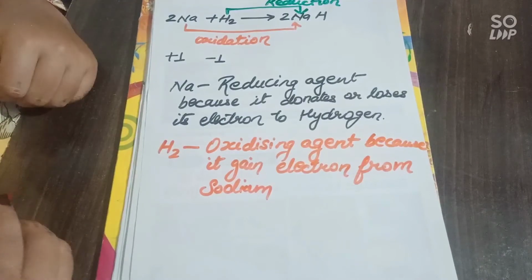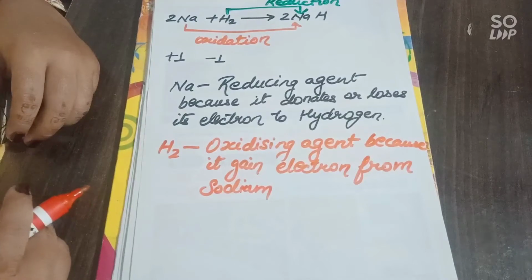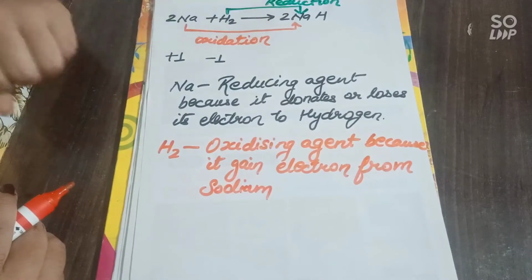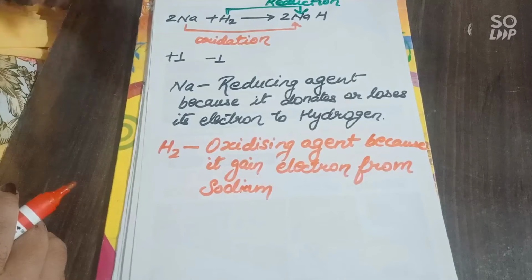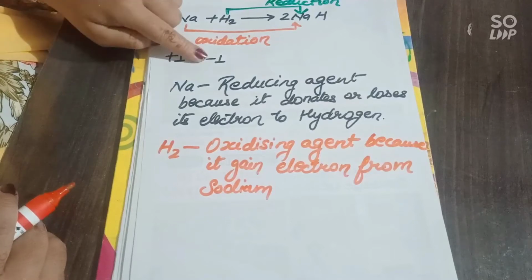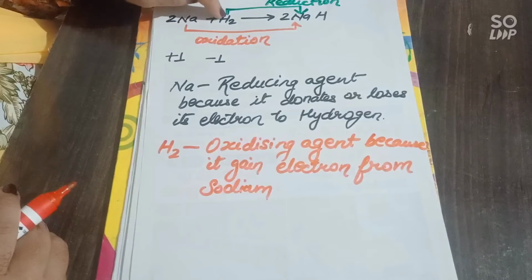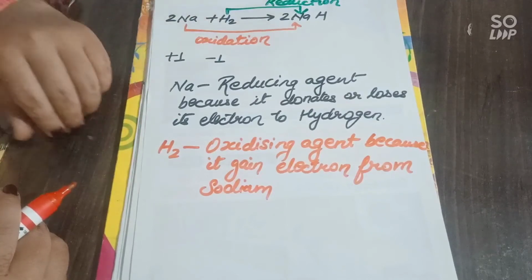And if you all are getting confused that hydrogen is being added, so it should be reduction on this side, then mind it, learners, that here hydrogen acts as electronegative element with negative charge. And therefore, addition of any electronegative element is also termed as reduction.